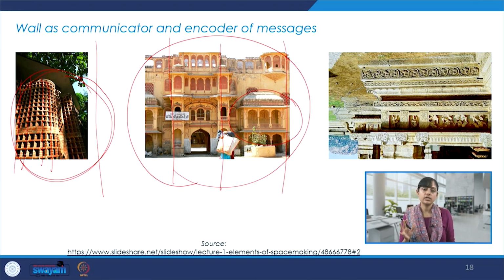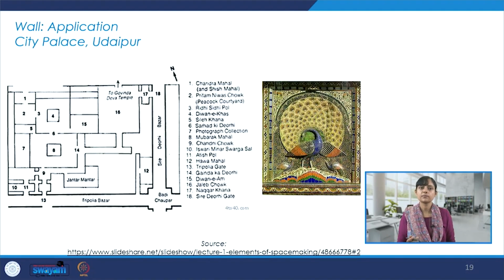Also, if there is any kind of epigraphical detail, something written, something etched on the wall, or some kind of a carving or some kind of a motif which is denoting a certain meaning. So those kinds of details also we see on wall as a building element.